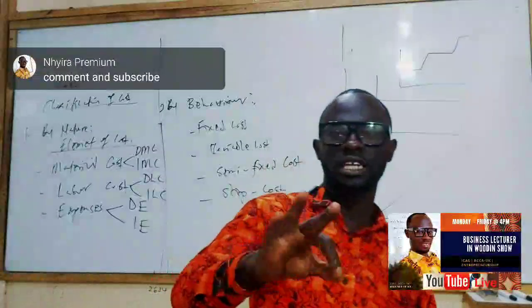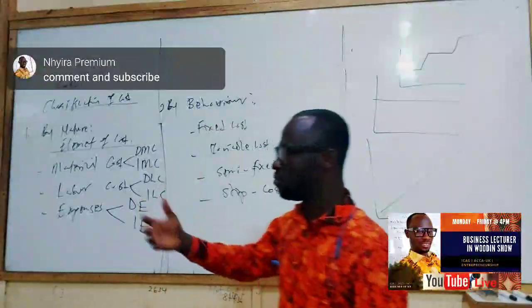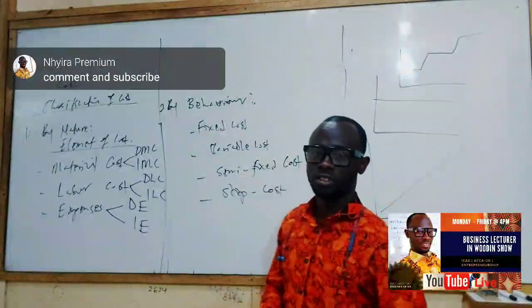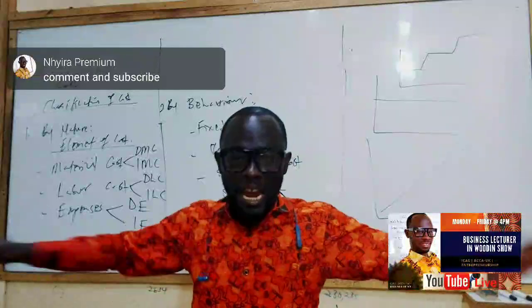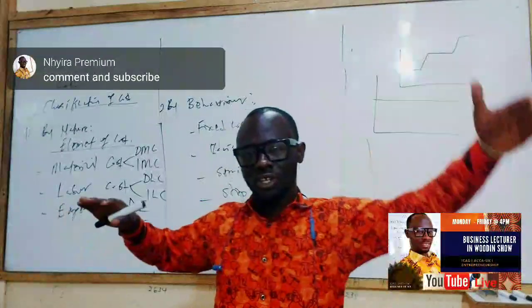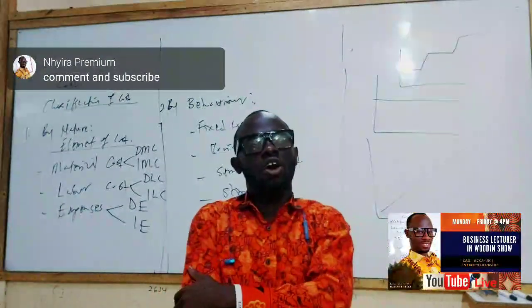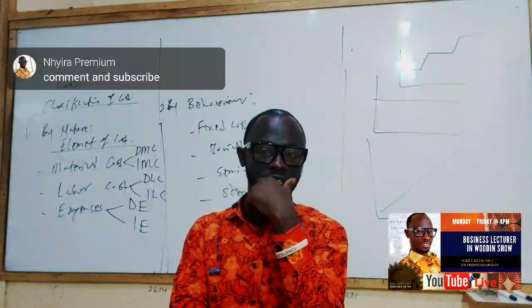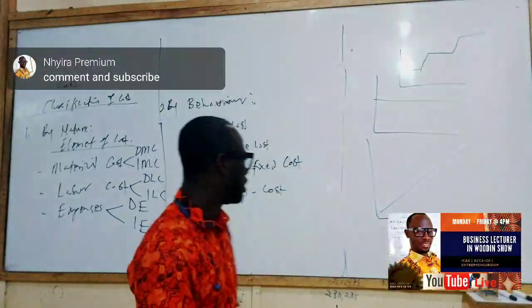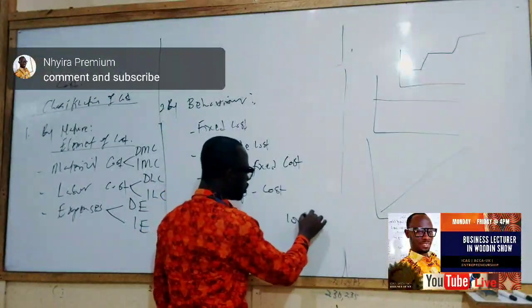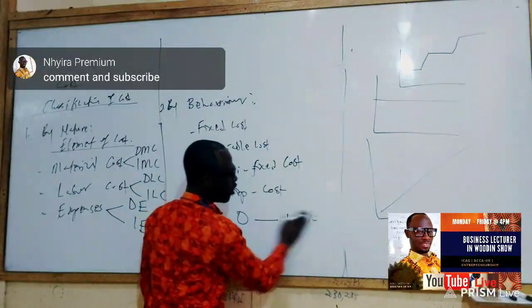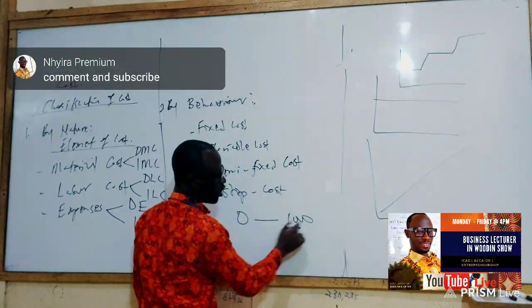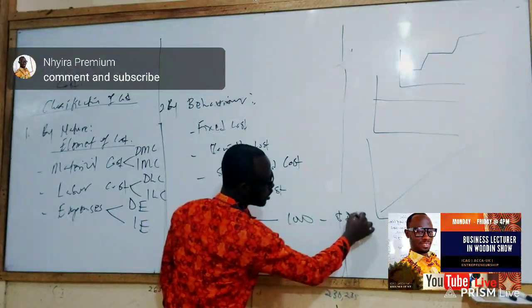Let me explain it and make it a bit more meaningful for you. For instance, if you produce from 0 to 1,000 units, you will incur a cost of, say, $20,000.